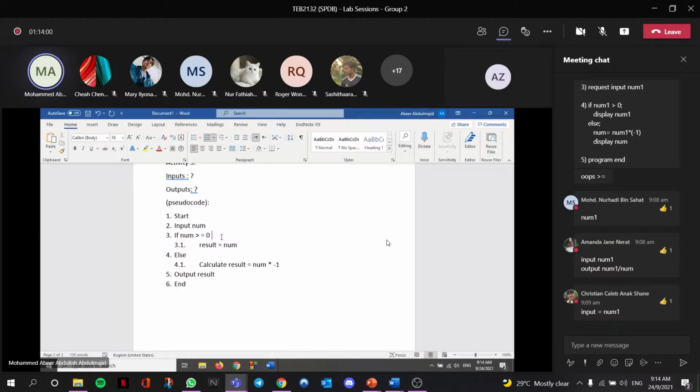When you solve your problem, try to consider all the possible solutions and all the possible inputs. If you write if num greater than 0 and num, for example, less than 0, the problem, if you didn't use equal, is if the user enters 0. Then there will be no output, because num equals 0.